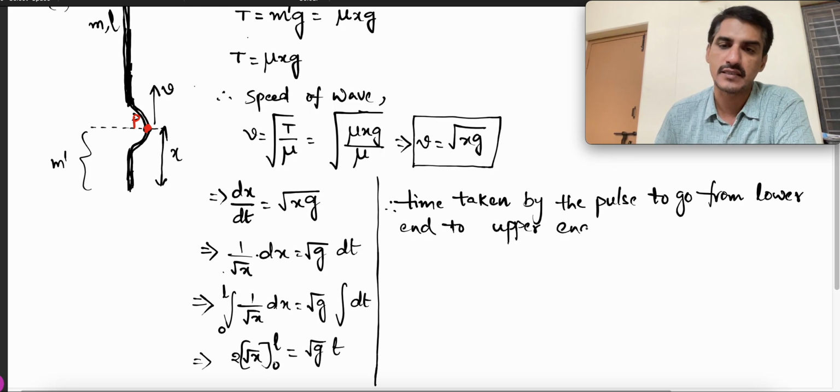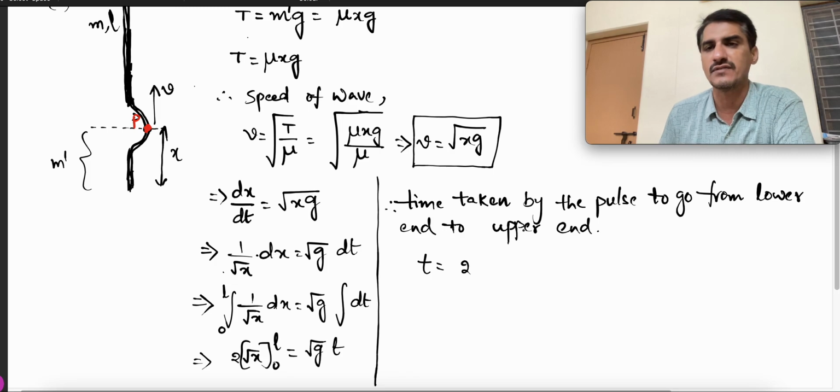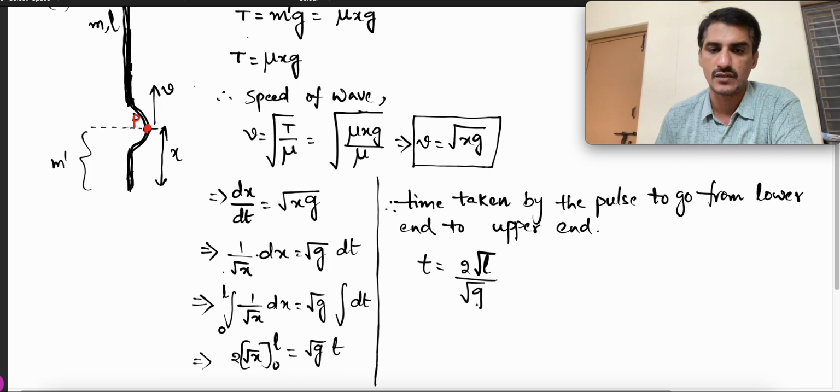Therefore t is equal to 2 into, instead of x, first we substitute L, later 0, so it doesn't make any difference, right? So 2 root L divided by root g.